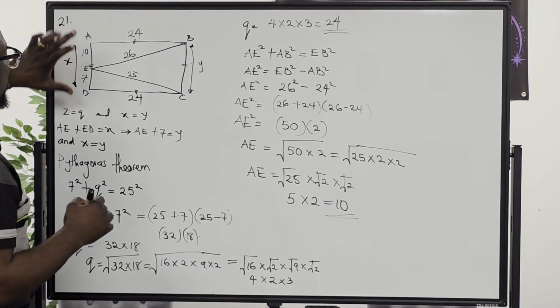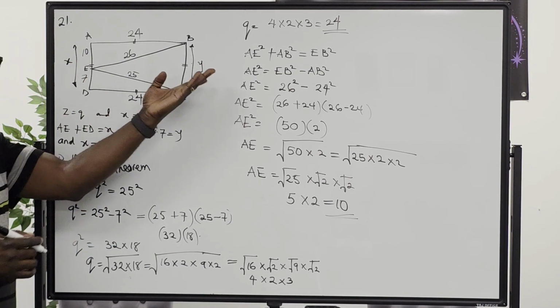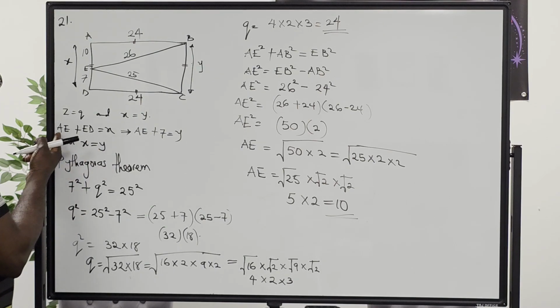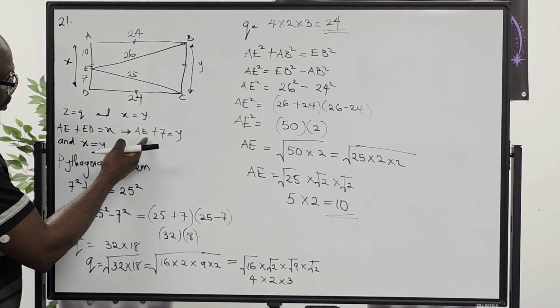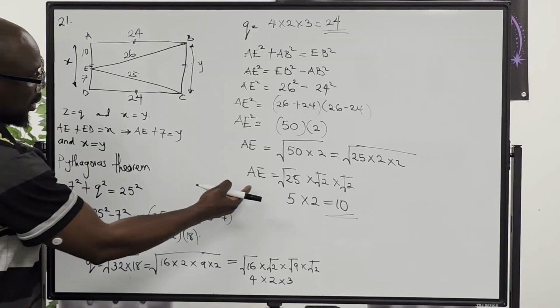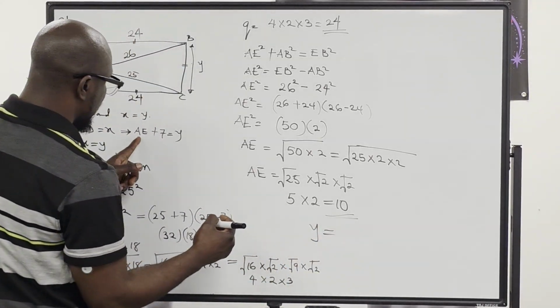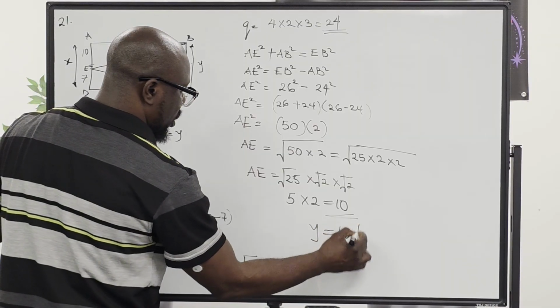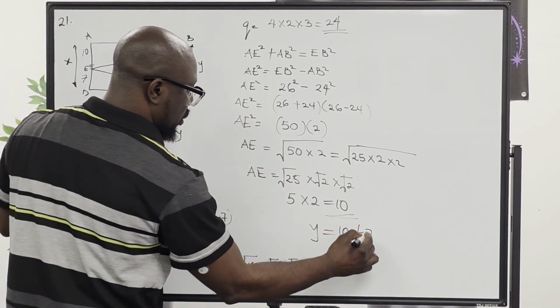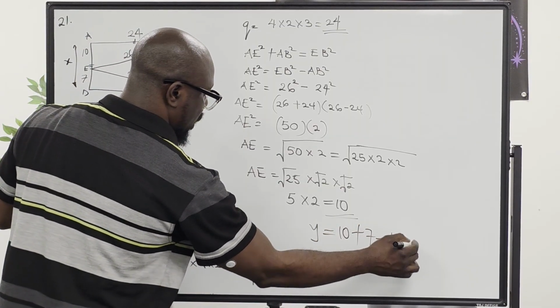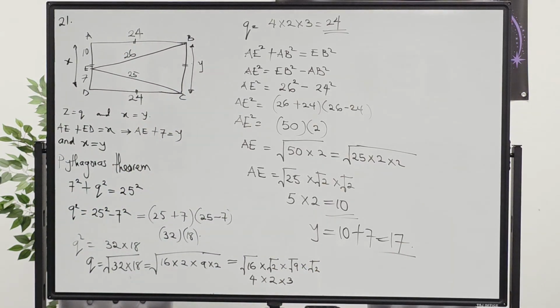Now that we know AE, we can definitely find Y, because Y is AE plus 7. So Y is equal to AE, 10, plus 7. So our answer is 17. That is the answer to that question.